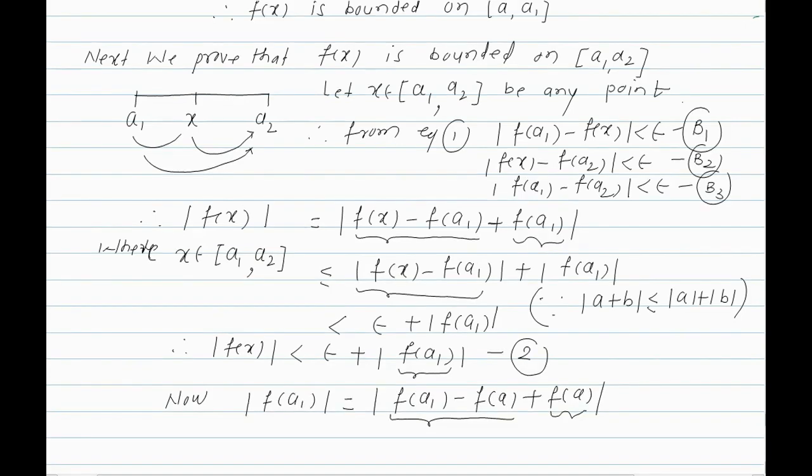So again we have addition of two terms. So mod of f of a1 is less than or equal to modulus of first term plus modulus of second term.